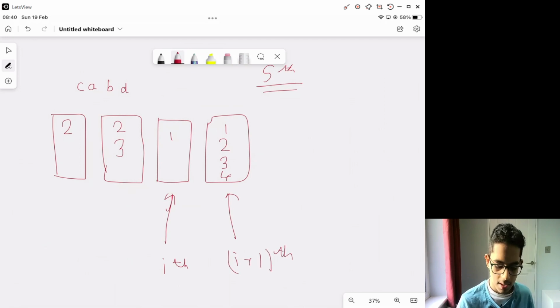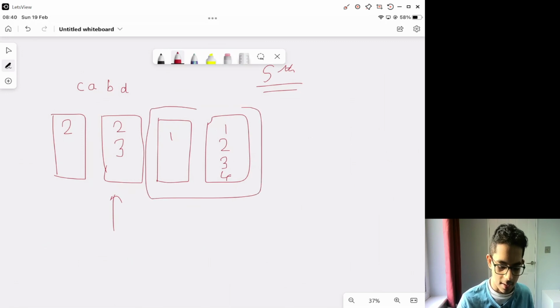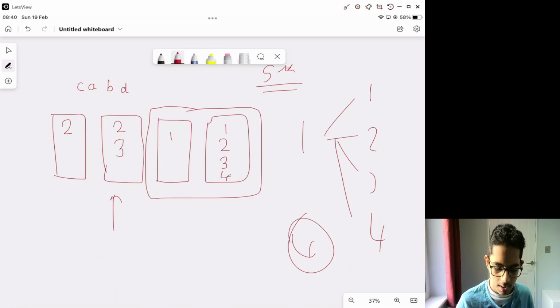What does this actually mean? Let's consider the layer which has 2 and 3. For each of 2 and 3, we have n choices, where n is the number of permutations of these particular things. We have to start with 1, and then from there we can go to 2, 3, 4. So it would be 4. That would be the number of choices for each of the ones in 2 and 3. And then likewise with 1.